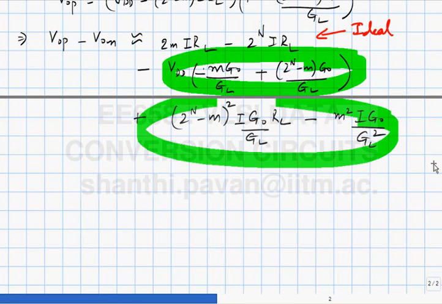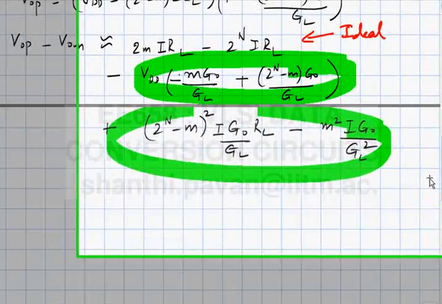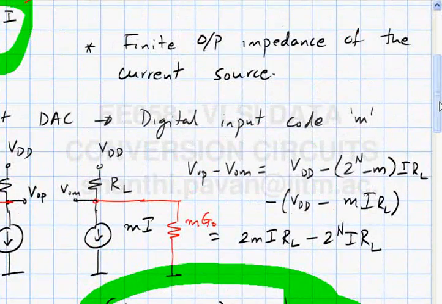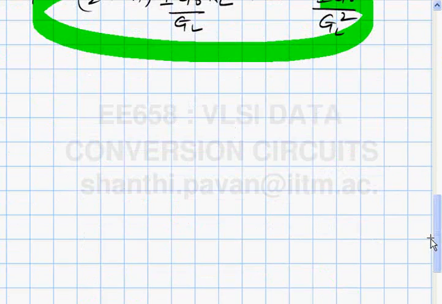I will clarify this in the class, but it turns out that finite output impedance is indeed a problem, and for a given resolution, you can figure out how much GO I need per current source to be able to get the required DNL and INL. I believe the problem with this analysis is that I have just truncated this to 1, so if I expand this by another term, then you will certainly get nonlinear terms. So, that is one thing.